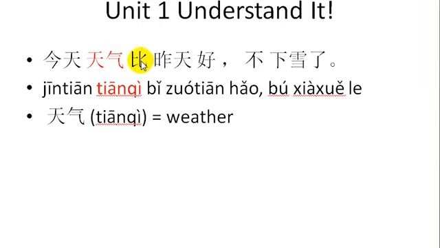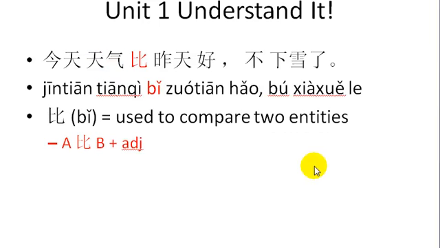But now we have something interesting here. We have this 比, and if you try and look at this and figure it out, it's probably going to be very confusing. 今天天气比昨天好，不下雪了. Let's take a look at this 比. 比 is a character that's used to compare two entities, and the grammar is very different from the way we compare in English.